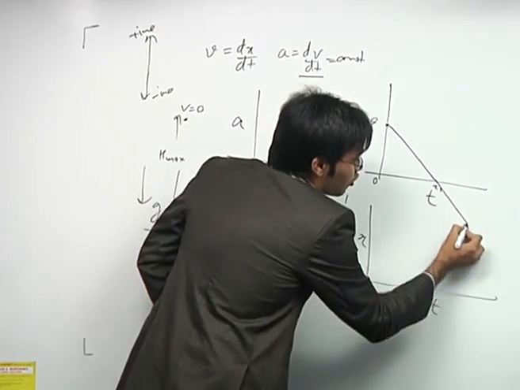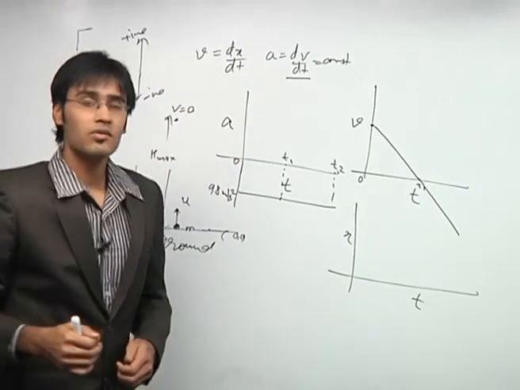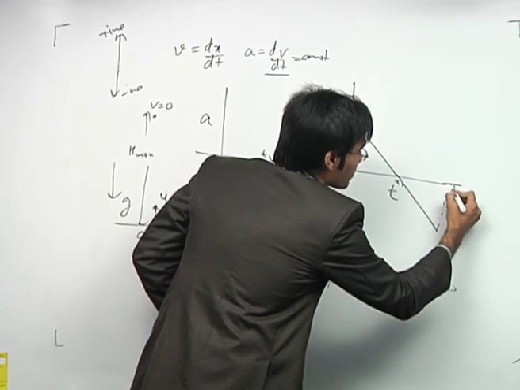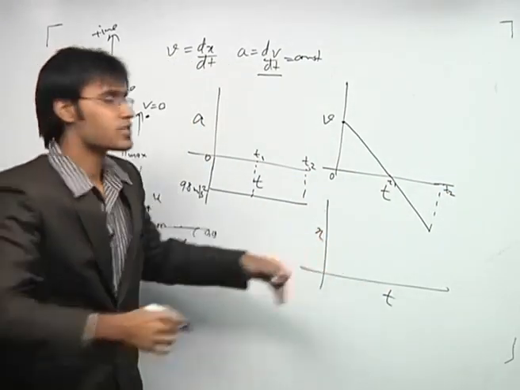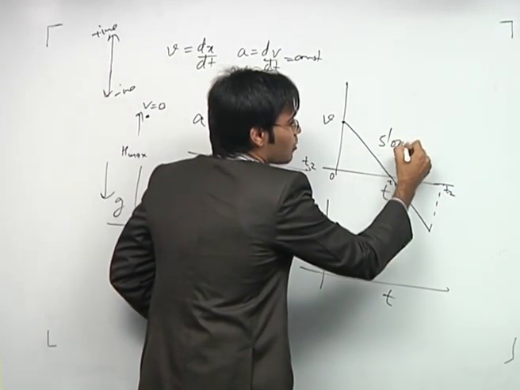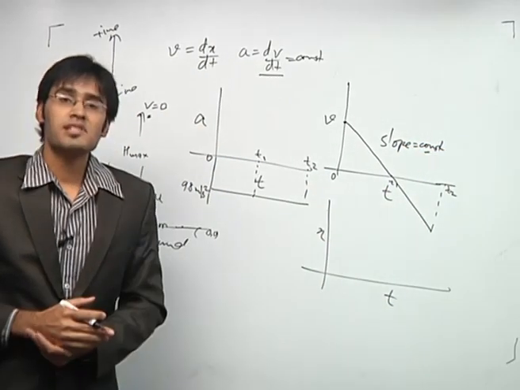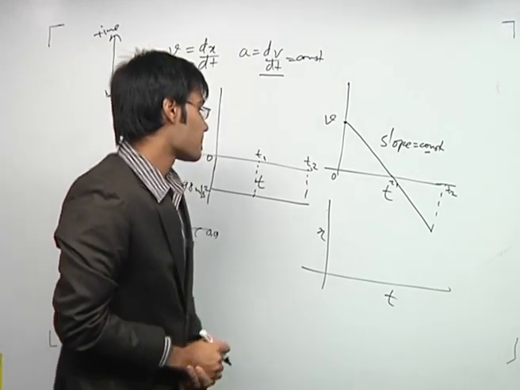And since I told you the slope remains constant, we'll have this kind of a graph between t1 and t2. As you can see that slope has to be constant and slope is constant. So this is another hint that v versus t has to be a straight line, okay.